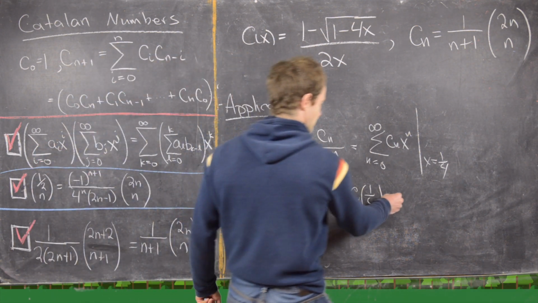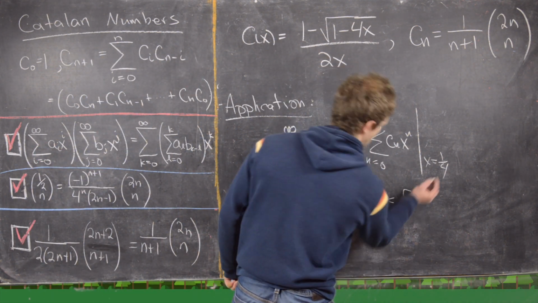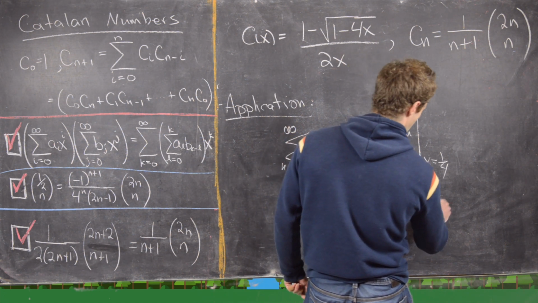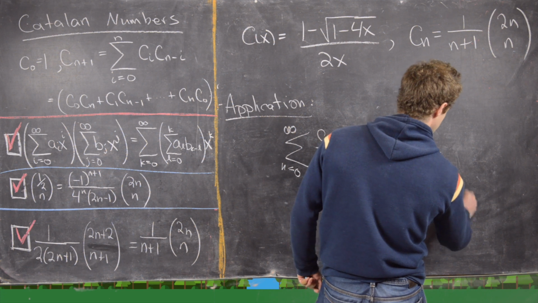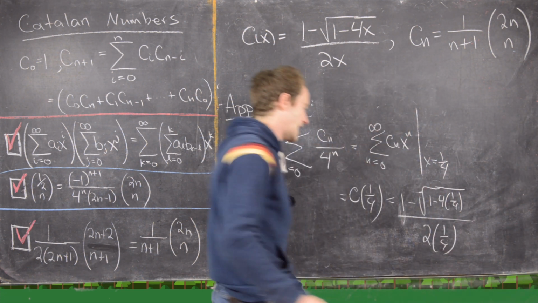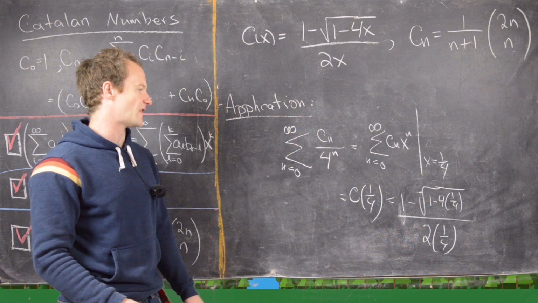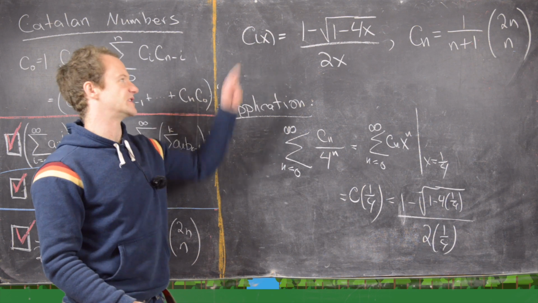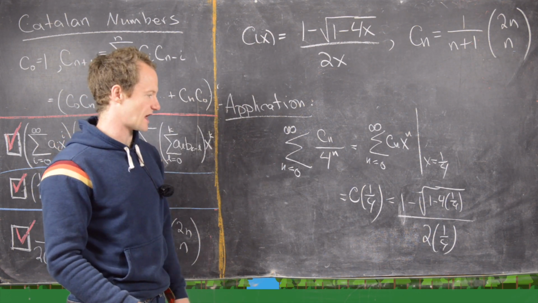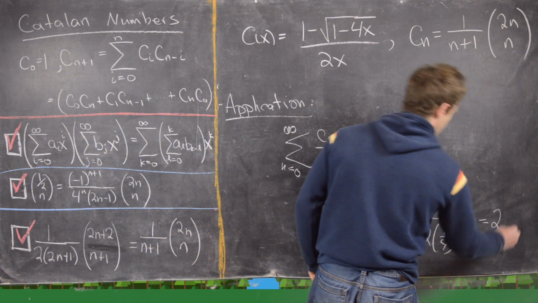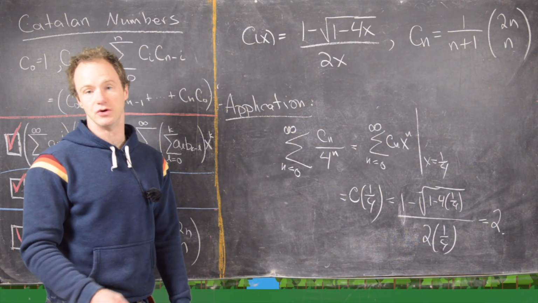So that is going to be equal to 1 minus the square root of 1 minus 4 times 1/4, over 2 times 1/4. I should say that this depends on 1/4 being within the interval of convergence of this function, but it is. You can check that if you want to. Notice that this all simplifies down to just the number 2.